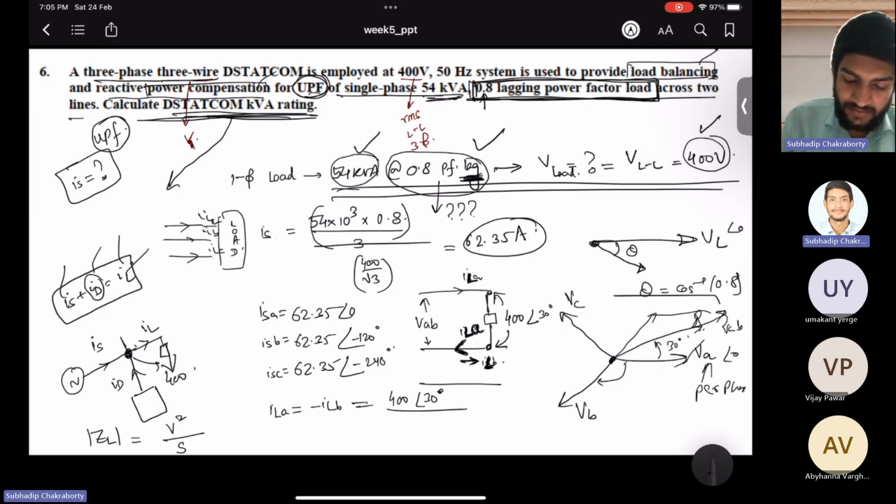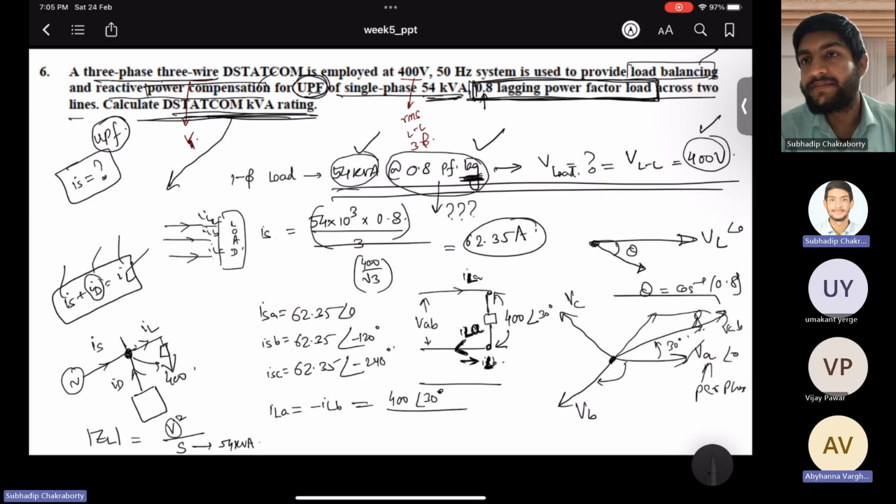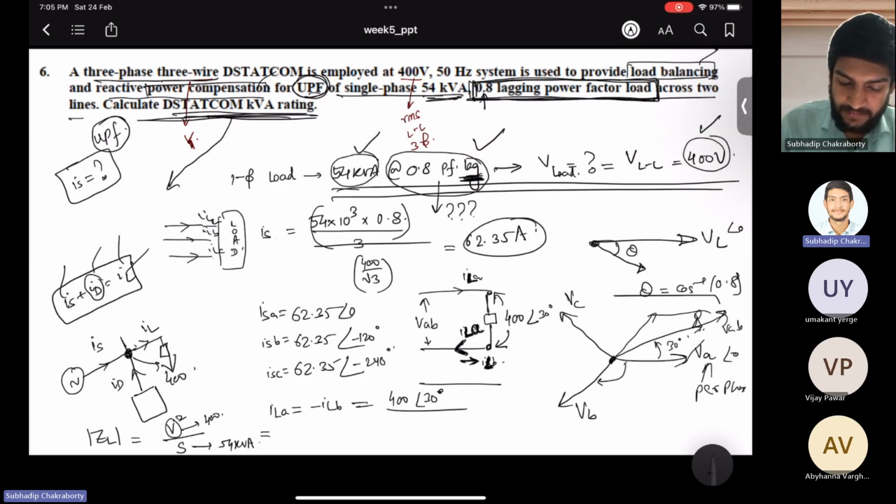And the S value you know, 54 kVA. And what is this voltage, line to line or phase to phase, to calculate ZL? Line to line only. So this is 400. So how will you calculate ZL mod? You can calculate. How will you calculate the angle? Just think.